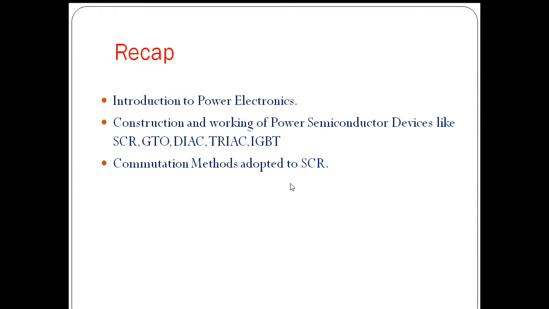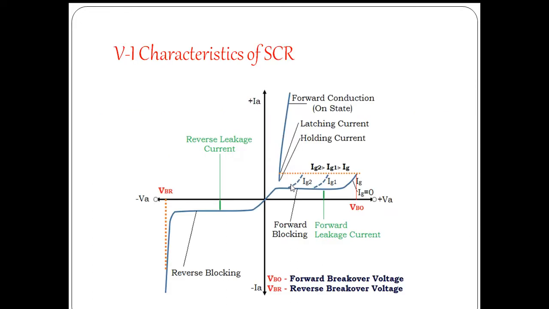We have already discussed that the SCR is a controlled device. SCR will have control over the conduction of the device. That means whenever the SCR is forward biased, the device may not be in conduction mode. It is in forward blocking mode.